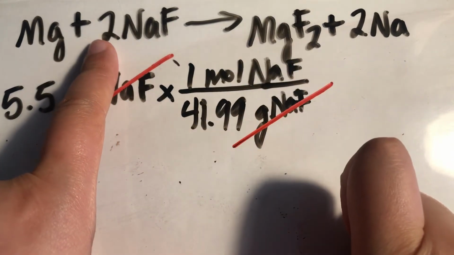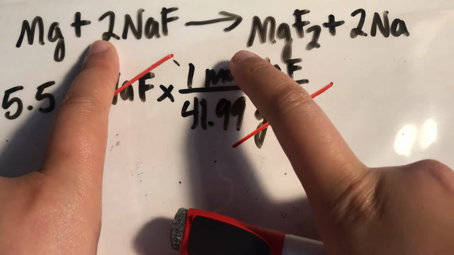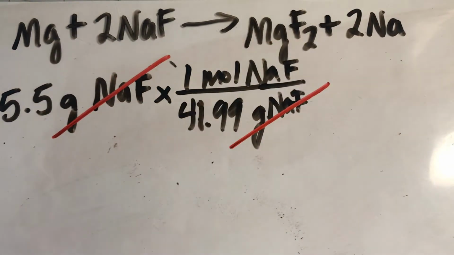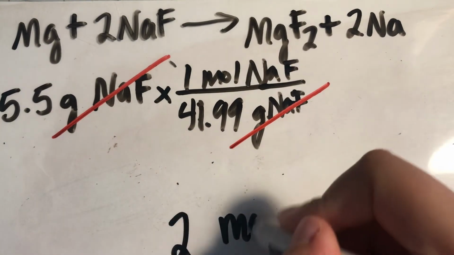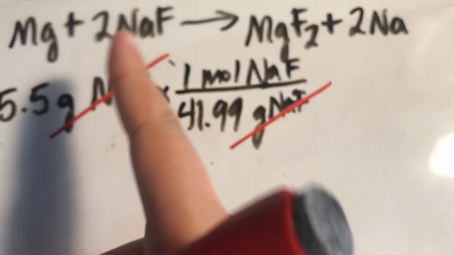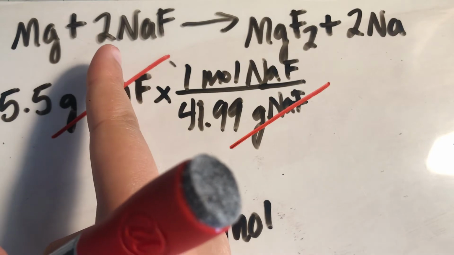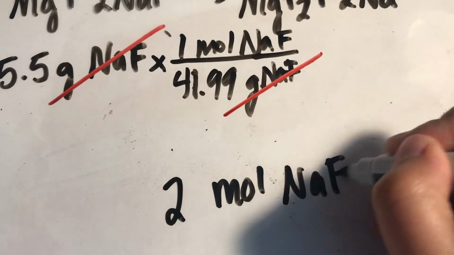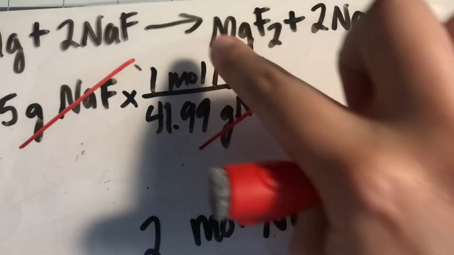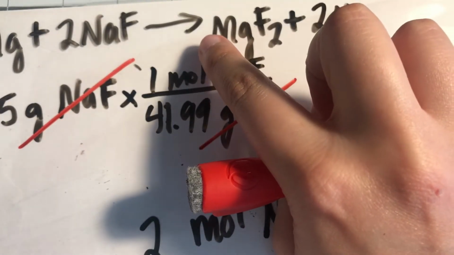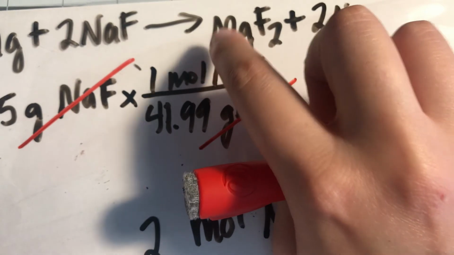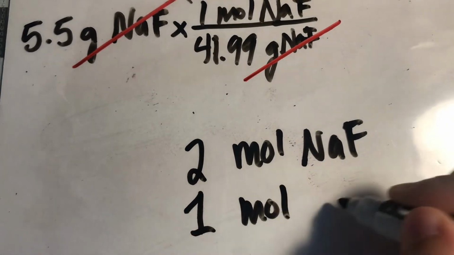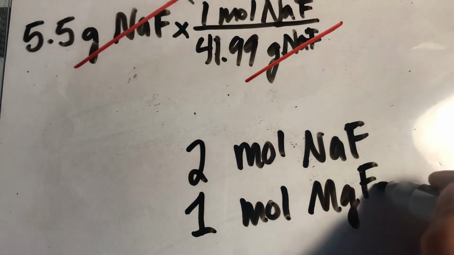Here's my sodium fluoride, here's my magnesium fluoride, and I'm comparing these coefficients. So I have 2 moles of our sodium fluoride for every 1 mole of my magnesium fluoride, because if there's not a number there, it's an implied 1. So we have our 1 mole of magnesium fluoride, okay?